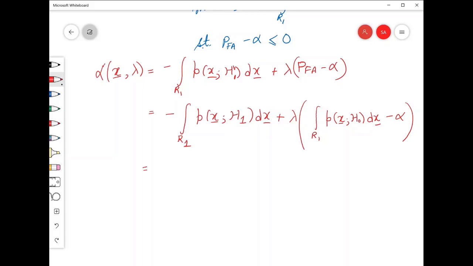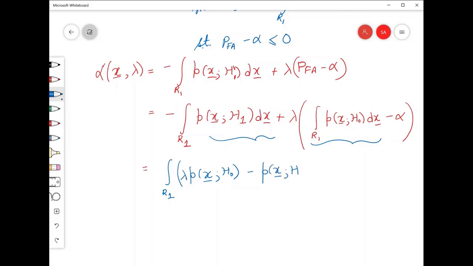Let me combine these two together. This becomes integral over R1 of lambda times probability of x given H0 minus probability of x given H1 dx, minus lambda alpha. So this is my Lagrange.